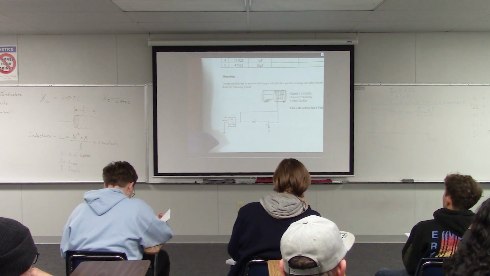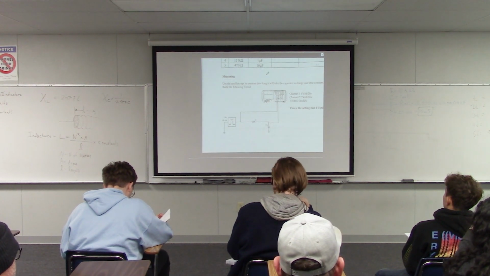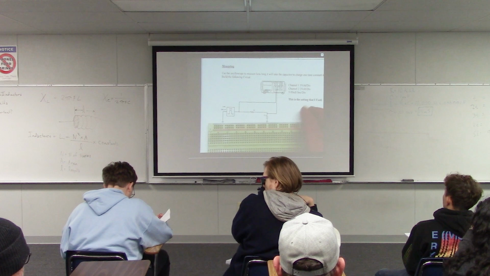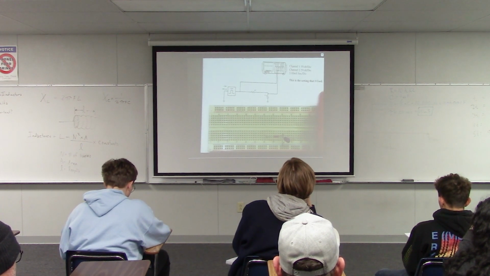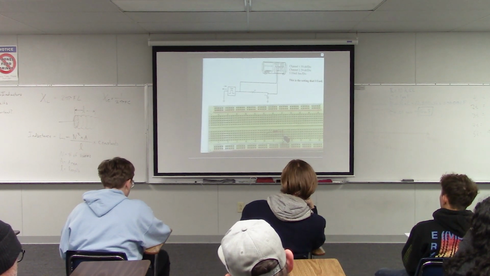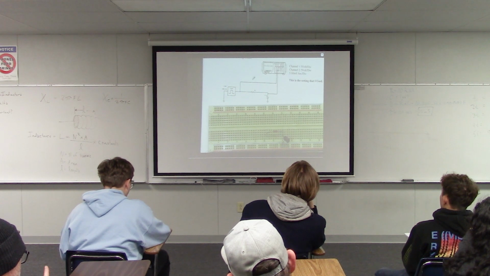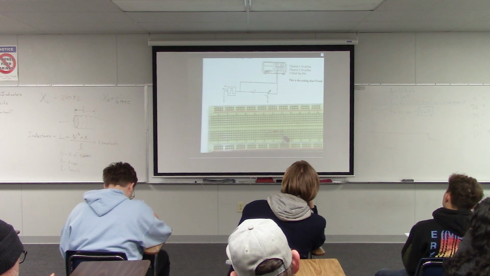When you build this circuit on a breadboard, the resistor and the capacitor might look something like this. I like to build my circuits so they look kind of the way they do in the book. So the resistor is across the top here, and the capacitor is going from the resistor to ground.